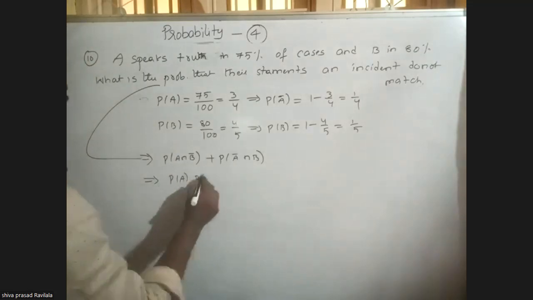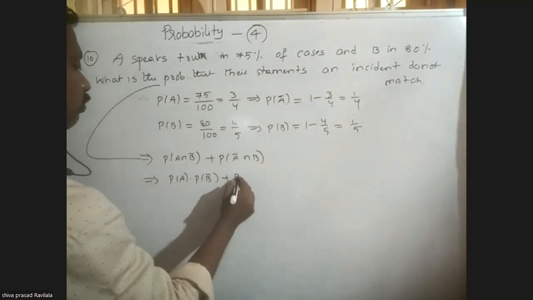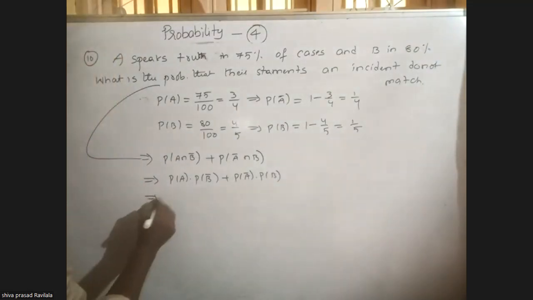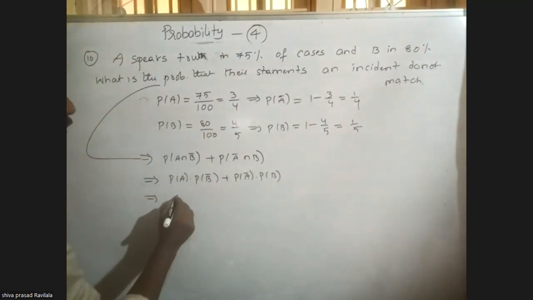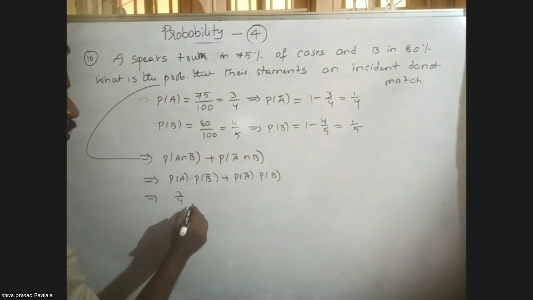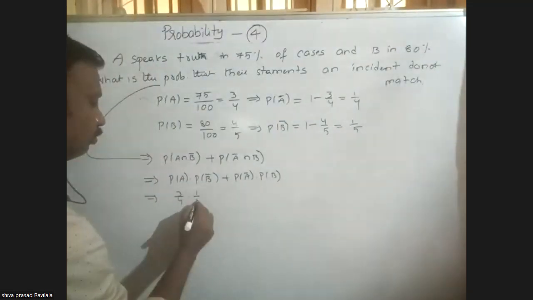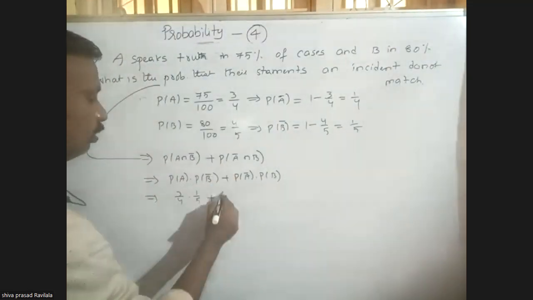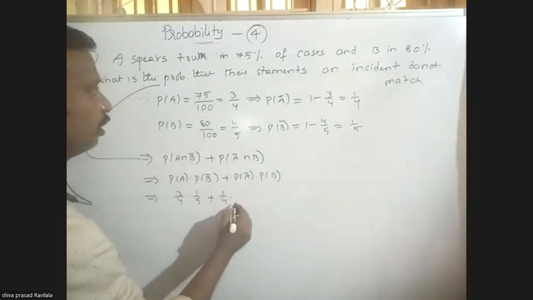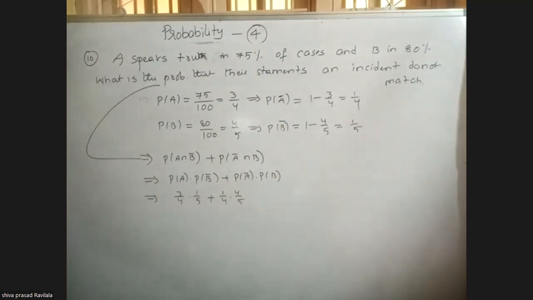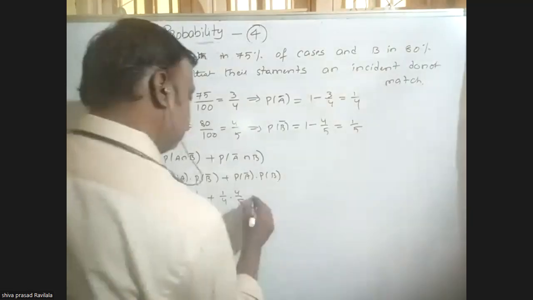Probability of A into probability of B complement plus probability of A complement into probability of B. Probability of A is 3 by 4, B complement is 1 by 5, A complement is 1 by 4, probability of B is 4 by 5. Do the calculation. 7 by 20.